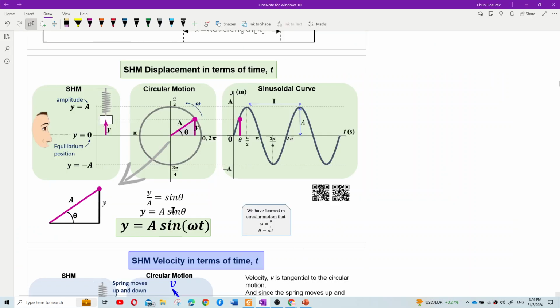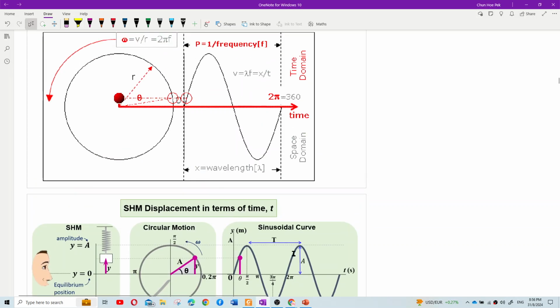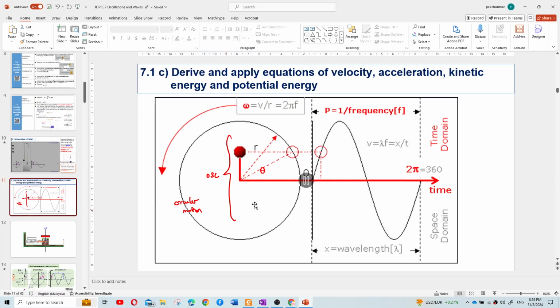So I need an equation to calculate. So that's the equation. And how do you get this equation? That's why I'm relating this oscillation, with the circular motion and with the sinusoidal curve.